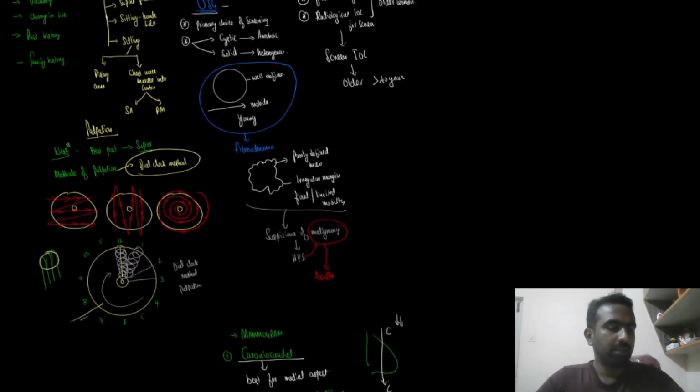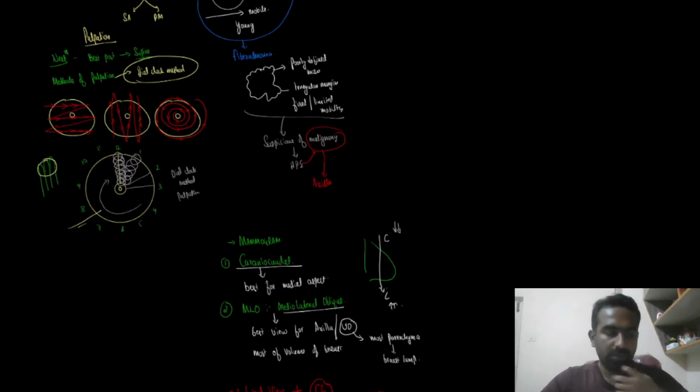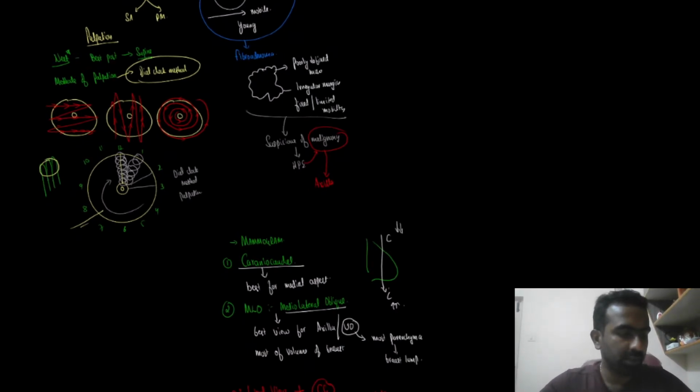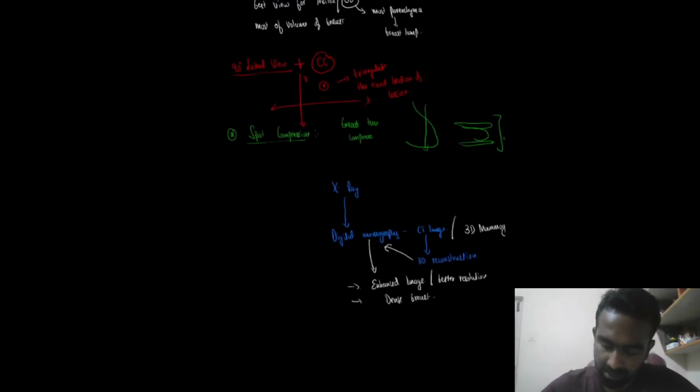Okay. Important things in the mammogram. What are the findings we see in a mammogram? What are the findings that suggest whether it is benign or malignant? If we see the mammogram, it can be benign or malignant lesions.